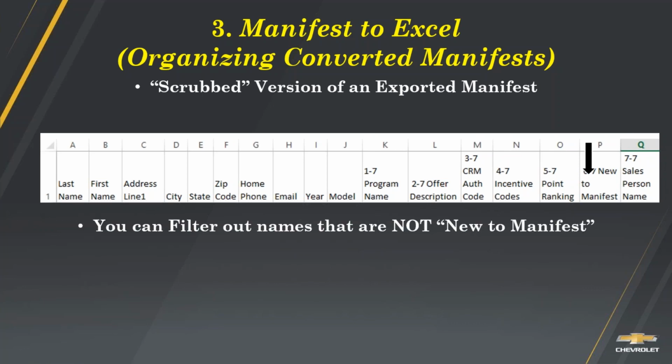Okay, so you can filter out names, for example, that are not new to the manifest. So if you hit new to manifest, you'll have the Y or the N. And now, if you've been working the list, obviously you want to keep the Y, new to manifest, yes. If you have not, I'll use a good example. A dealership in Maryland recently was getting kind of slack with their service BDC hot list.